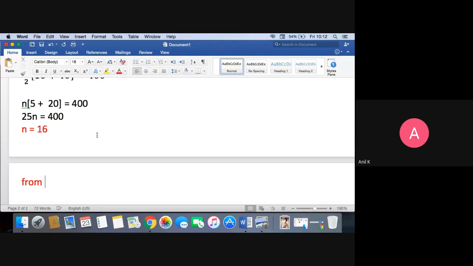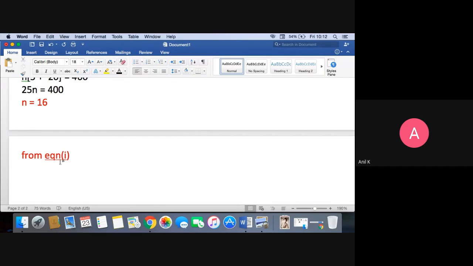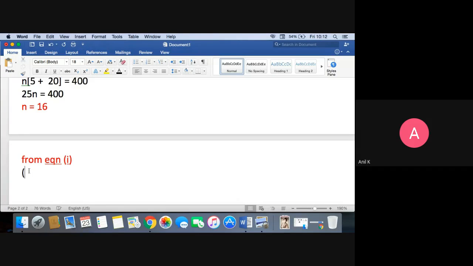From equation 1, what we get is (n minus 1) into d, right? n means 16 minus 1 into d is equal to 40.